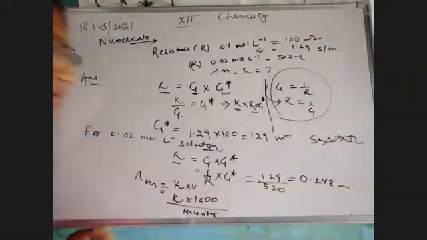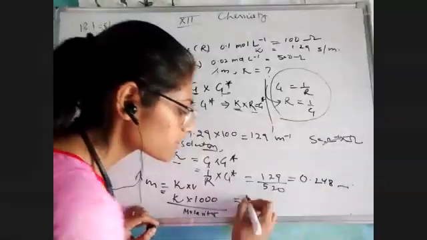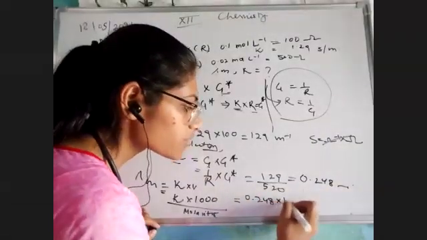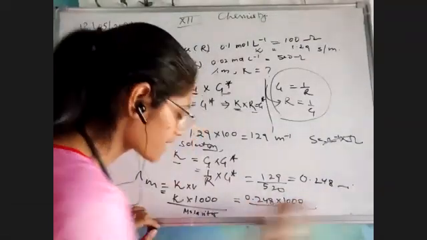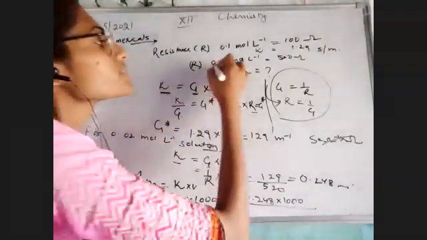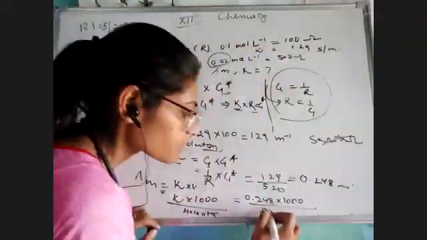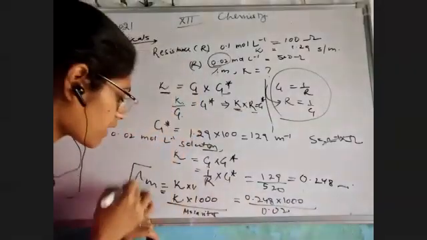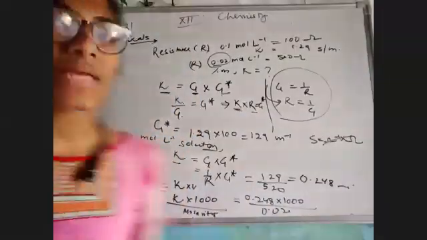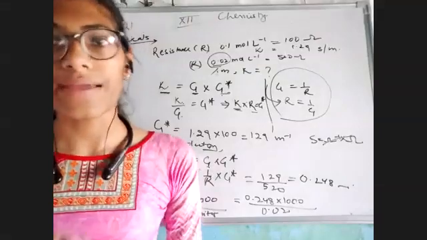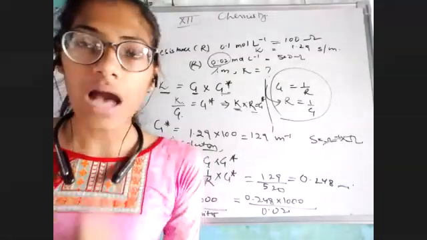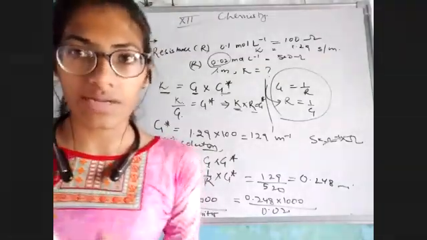So kappa we have been provided with, that is 0.248 something, into 1000 divided by molarity, which is given to be 0.02. So we can easily calculate our lambda m. Am I clear? This is how we need to calculate our molar conductivity.